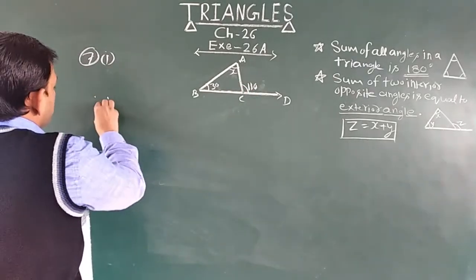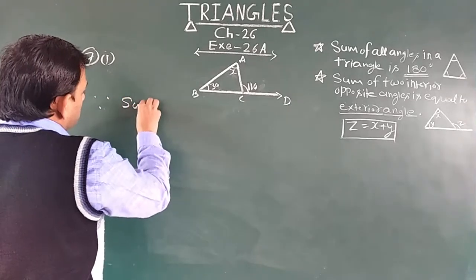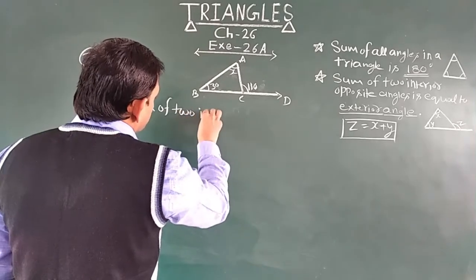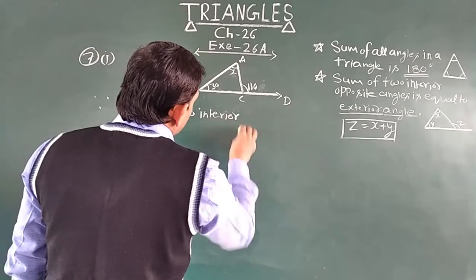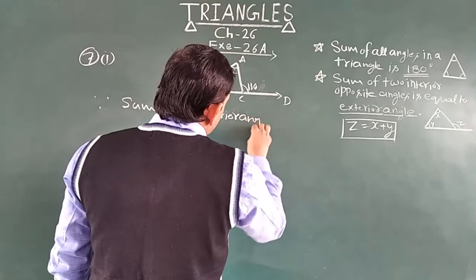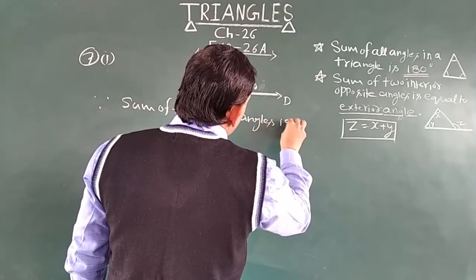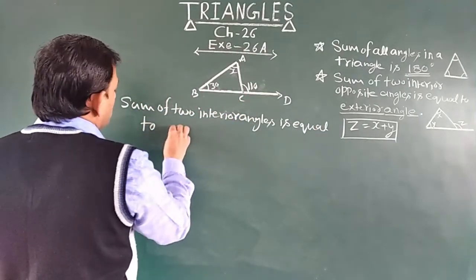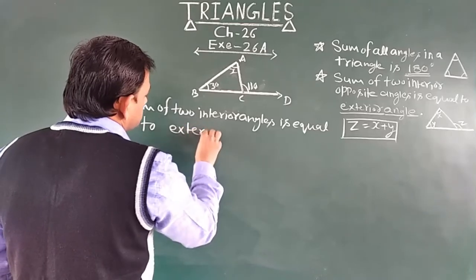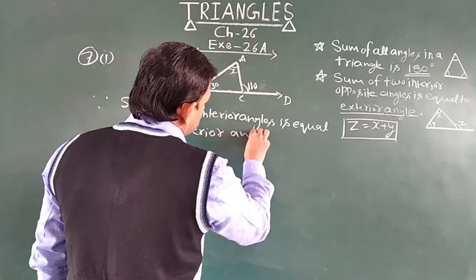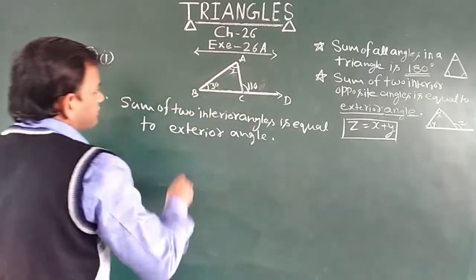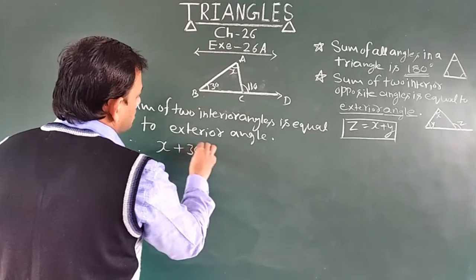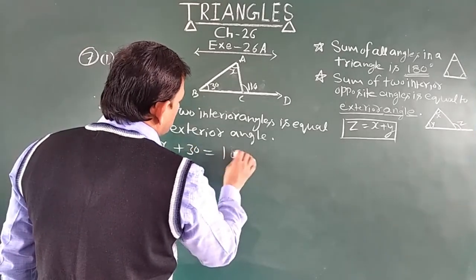Okay, because the sum of two interior angles is equal to the exterior angle, that's why x plus 30 is equal to 110.